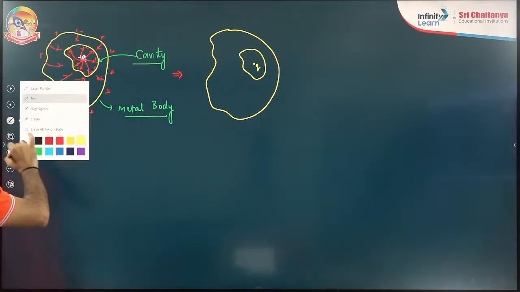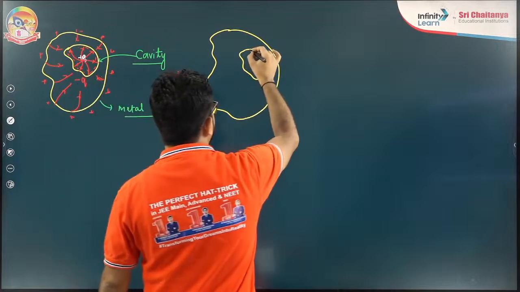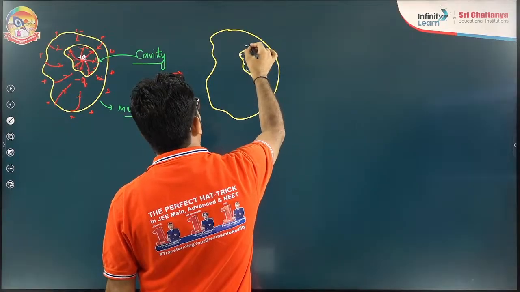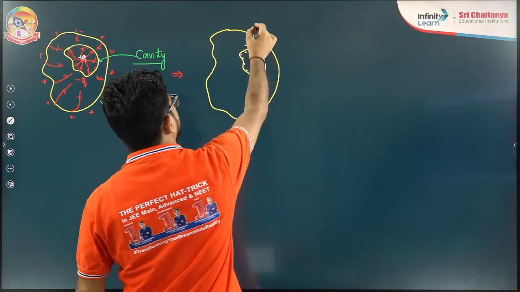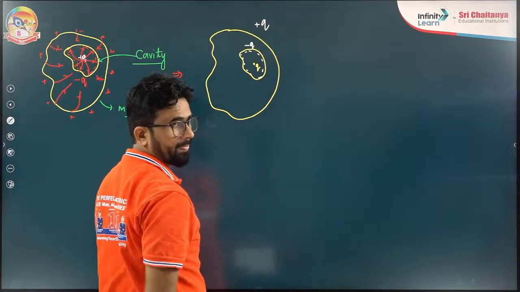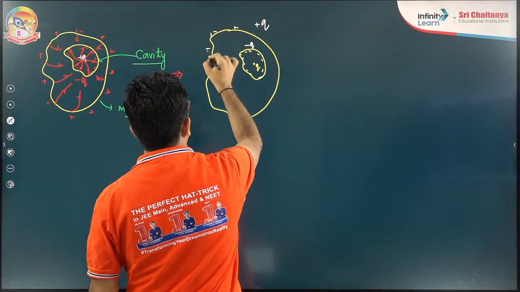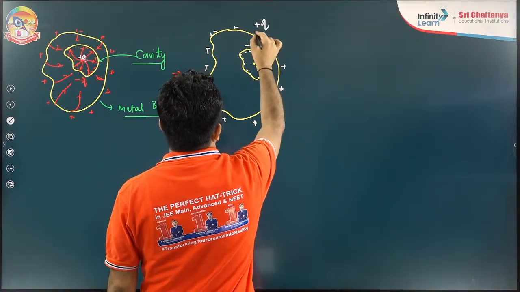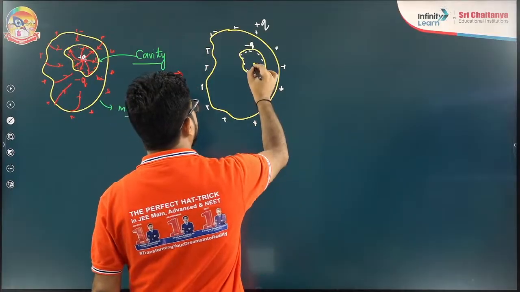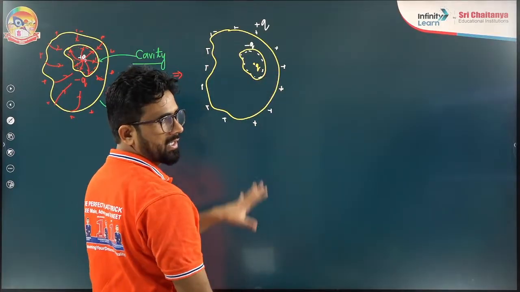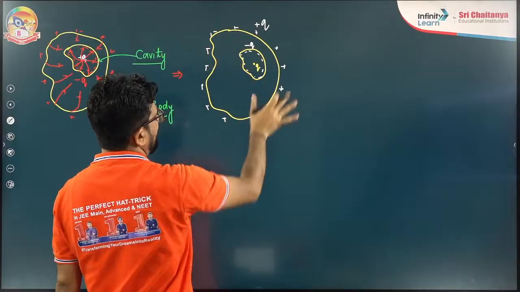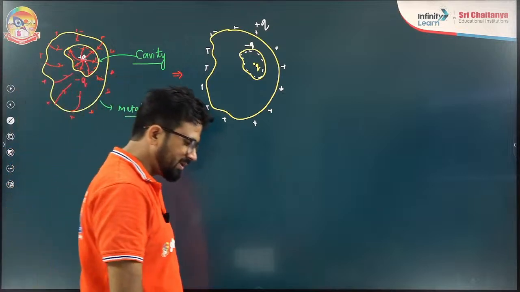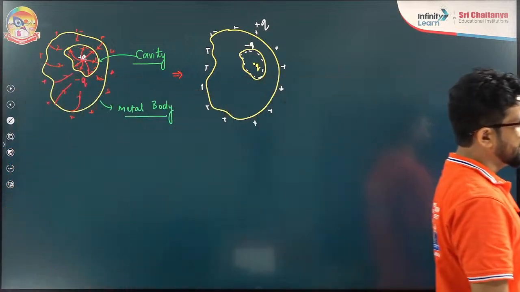Then if you draw the field lines, you will see that a negative charge appears on this surface, again minus Q. But on the outer surface, this would be plus Q. Clear? This line is clear to everyone, beta? Very basic thing I am asking.